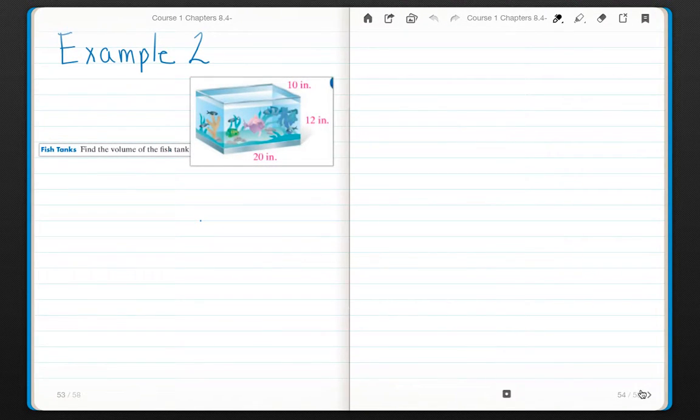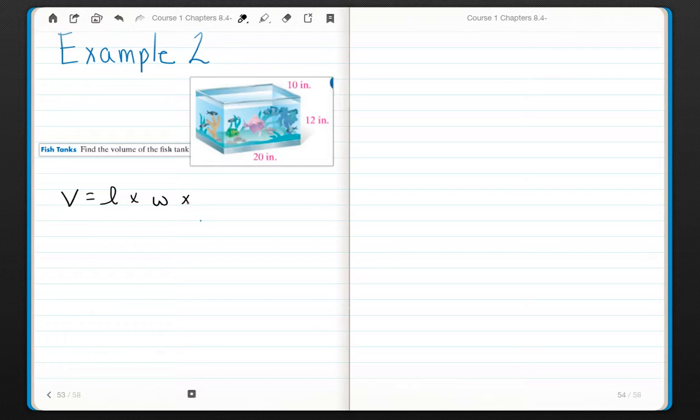So let's apply it to example 2. Find the volume of the fish tank. So again, volume equals length times width times height. My volume is 20 inches by 10 inches times 12 inches high.